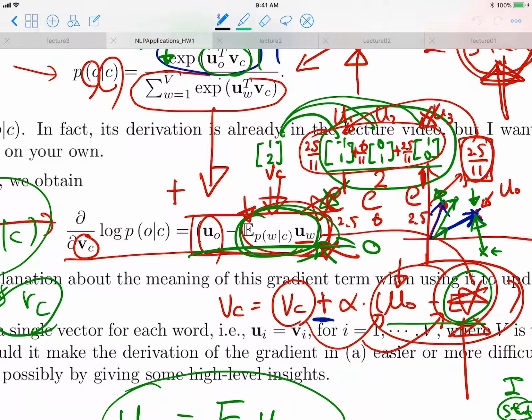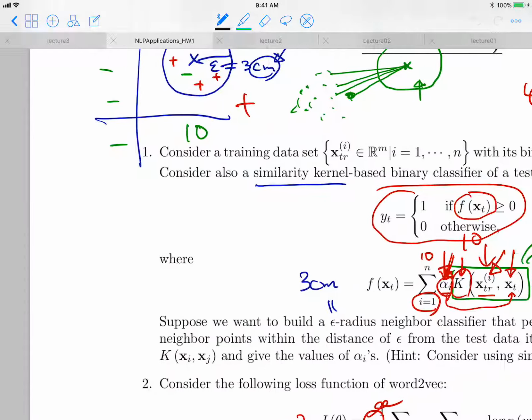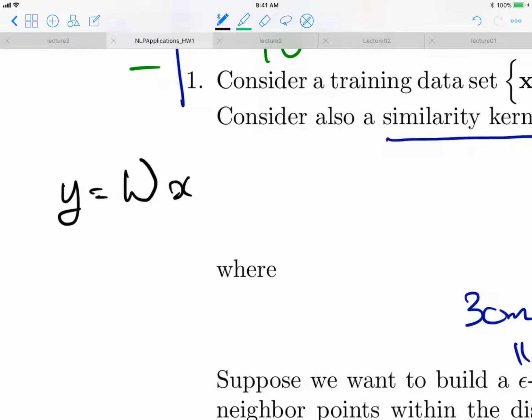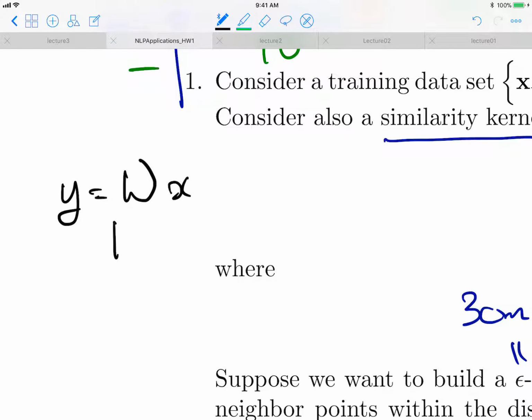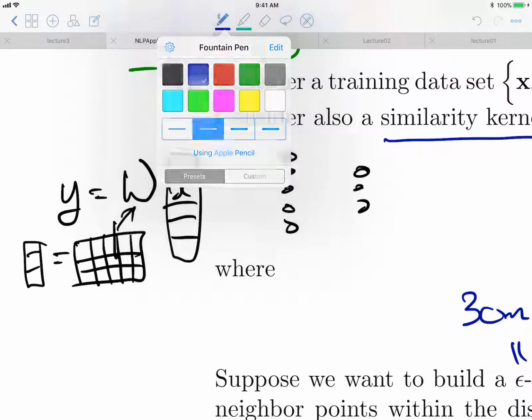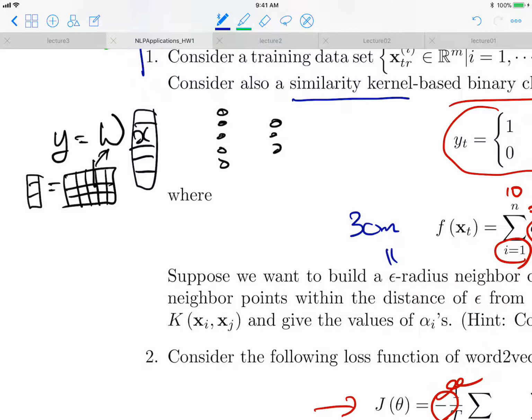You guys know that even though it is non-trivial to derive this, if you have this linear layer or a fully connected layer, for example, with 5 input nodes and 3 output nodes, then our W will be a 3 by 5 matrix, and that will give our Y vector, right?